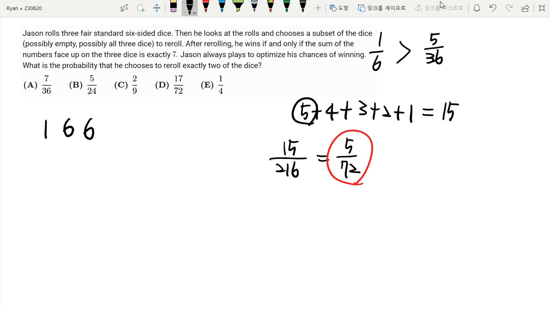In this case, he will throw these two dice to make the sum of 6, and 1 plus 6 is 7. Making the sum of 6 out of two dice has probability 5 over 36, and this probability is greater than 5 over 72. So he will choose throwing two dice instead of throwing all three dice again.